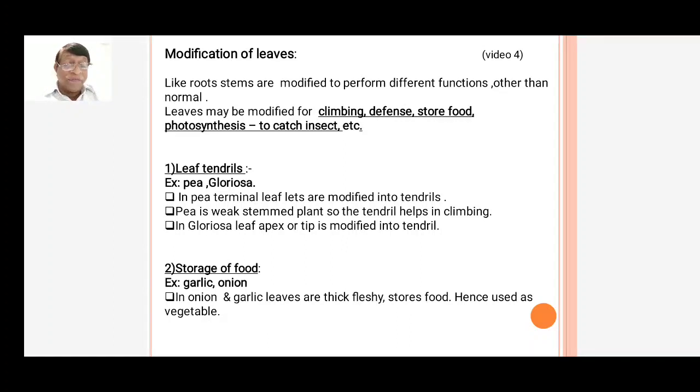Succulent. It helps in storage of food. Hence, onion leaves are used as vegetable. In onion, the leaves store food material. The leaves contain a sulfur compound.